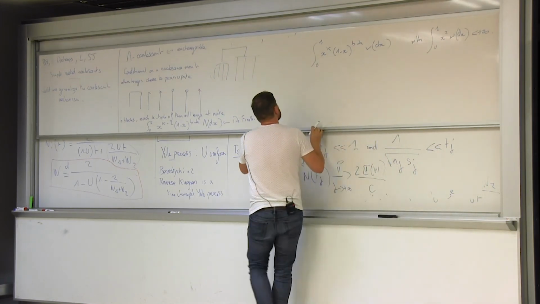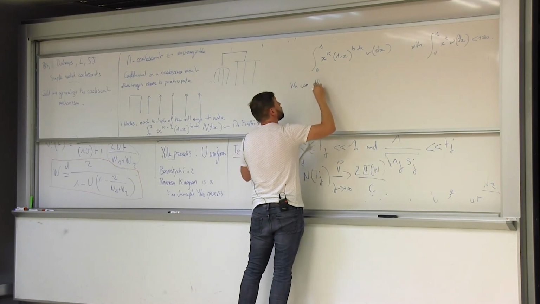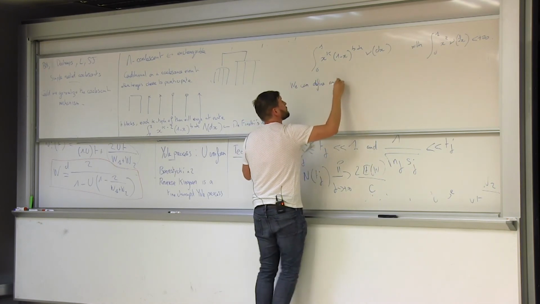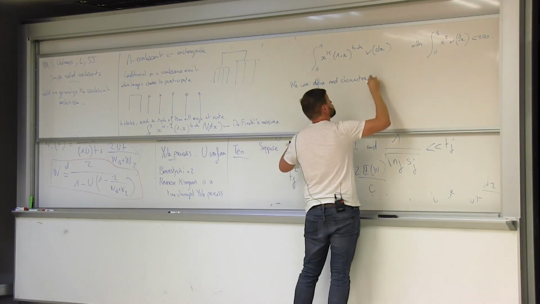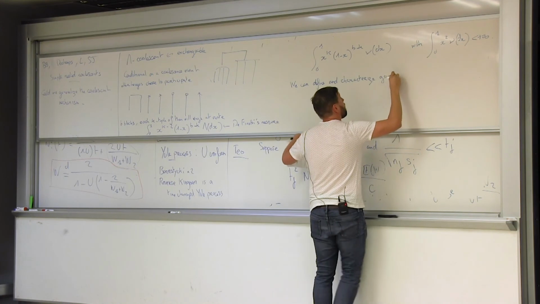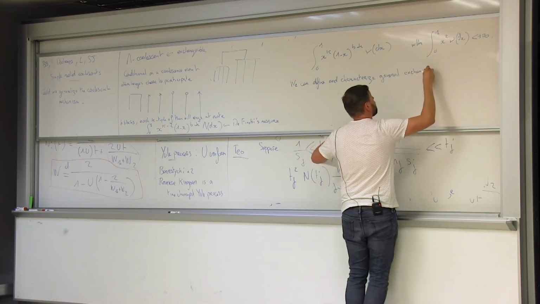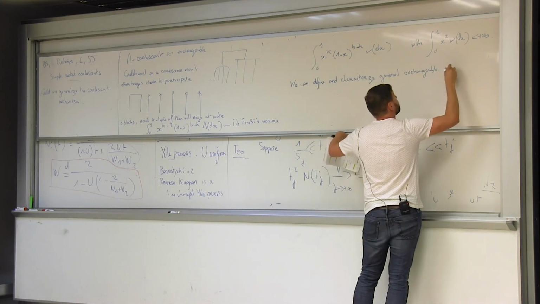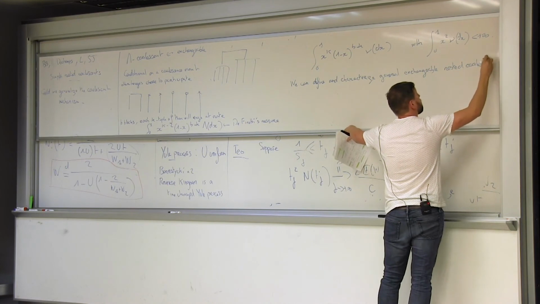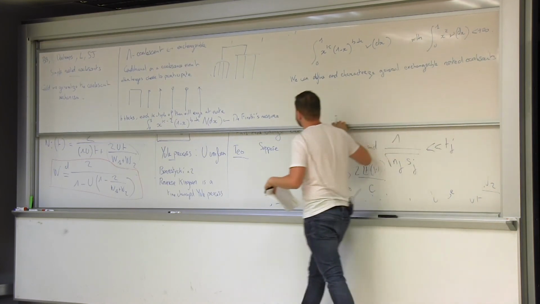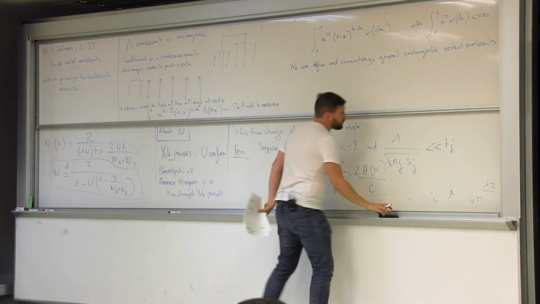So, we are able to define and characterize general exchangeable nested coalescents in the same way, with the same picture. So let me just write it.